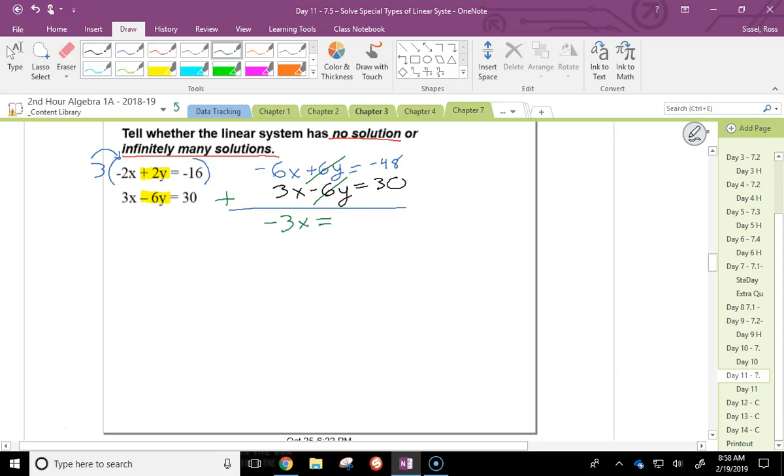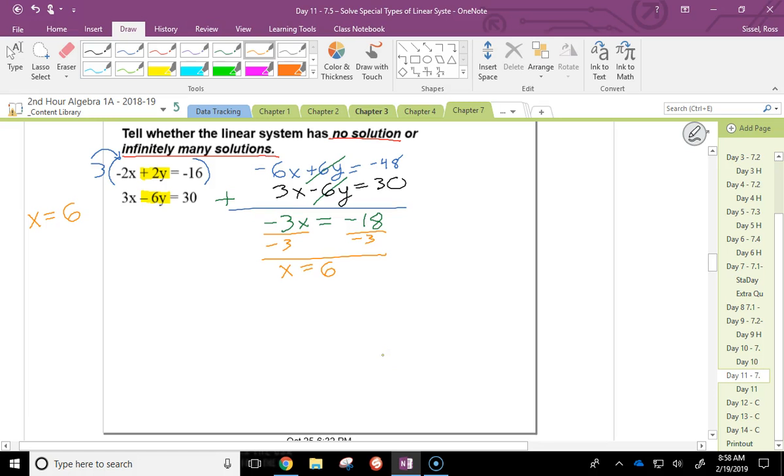Negative 48 plus 30 is negative 18. Let's divide by negative 3. X equals 6. Okay. So far, I'm thinking we're going to have one solution.